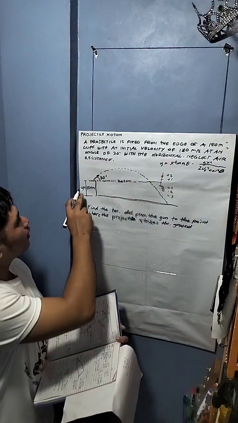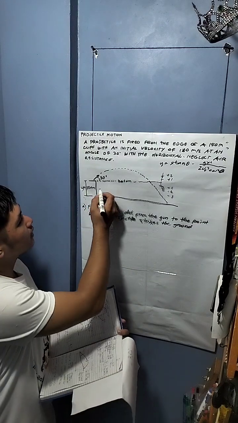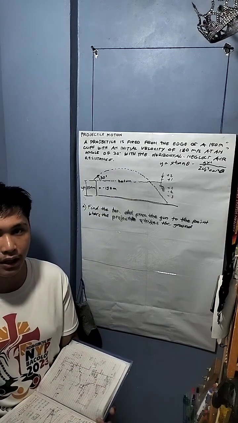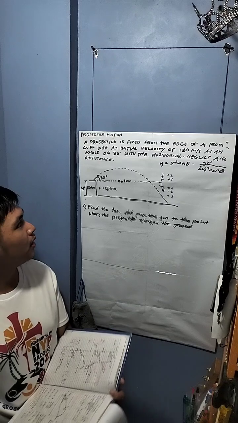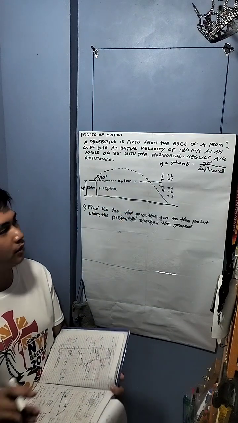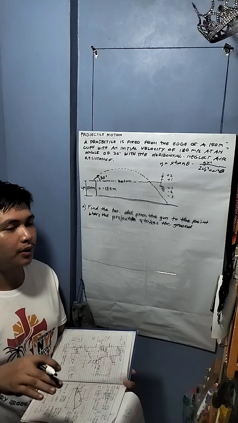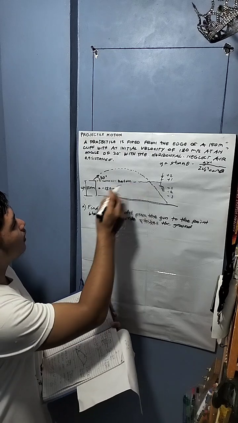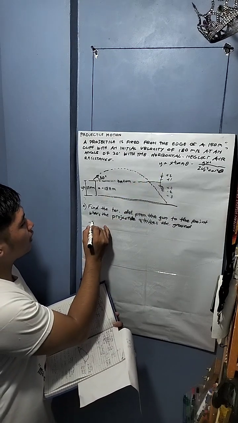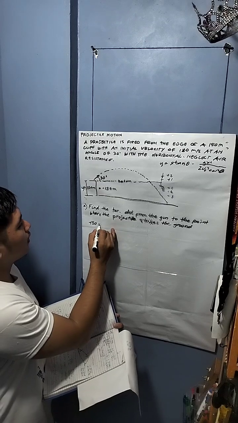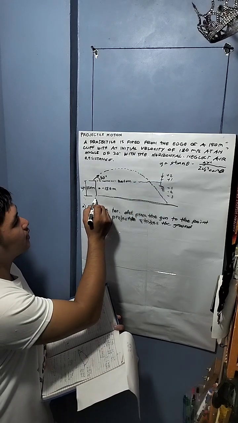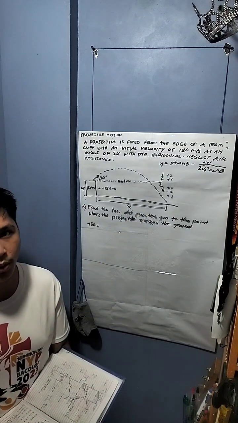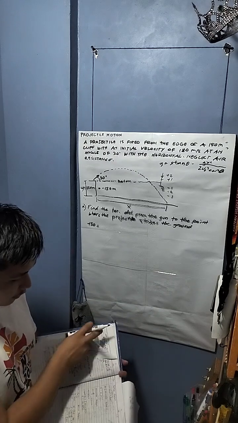So meaning this y over here will take the value of negative 150 m, which is stating that our projectile has crossed, or this height is below our launching point. So first, we take y, which is negative 150, and our x, which is this x here, which is what we are looking for, right?